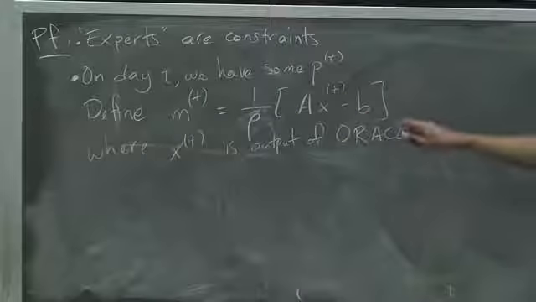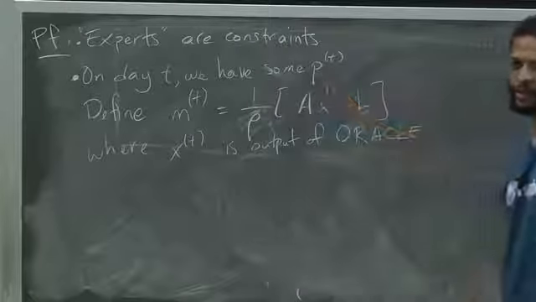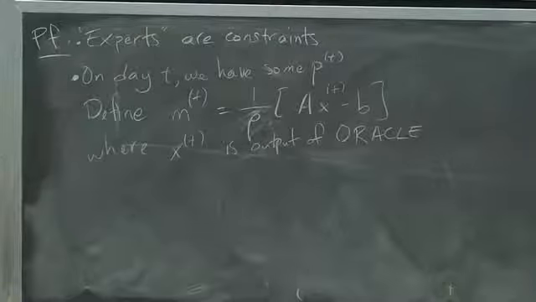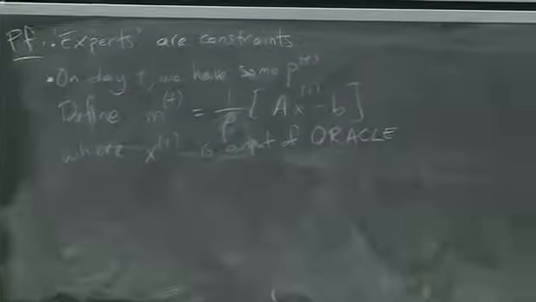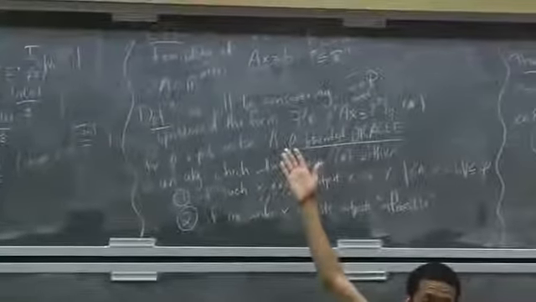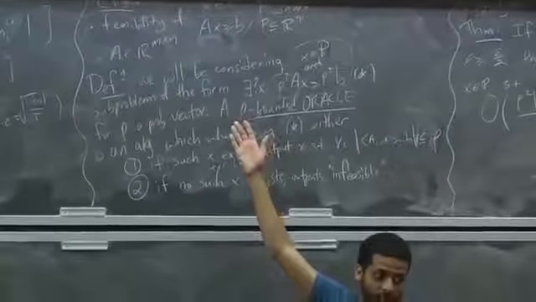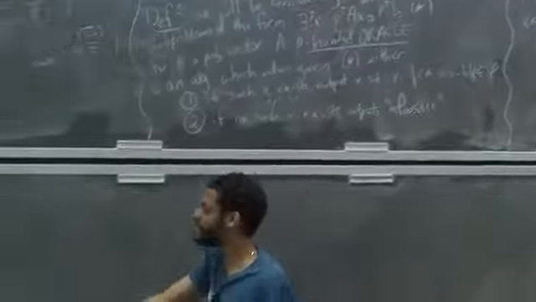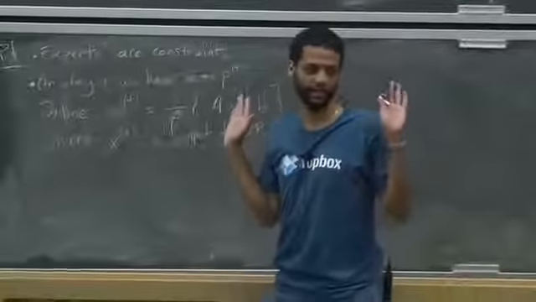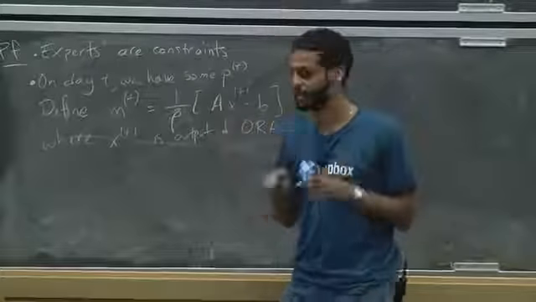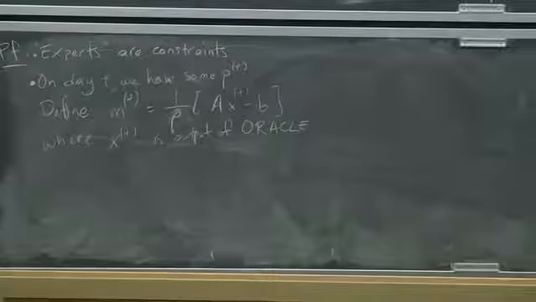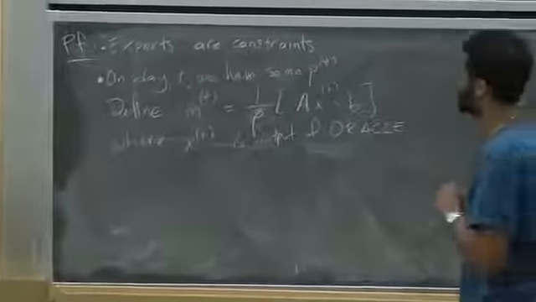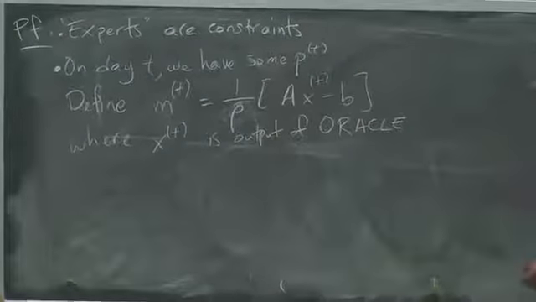We give the oracle pt, and we tell the oracle to give us back xt. Now, the oracle might say that there is no xt, that it's infeasible. But if this is infeasible, then, as I said, the original is infeasible. That's the contrapositive of what I said earlier. So if the oracle says there is no xt, we just halt and say, sorry, the LP you gave me is infeasible. But if it gives us an xt, then we define the cost vector in terms of that xt.